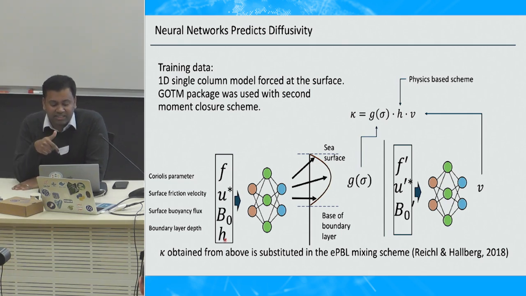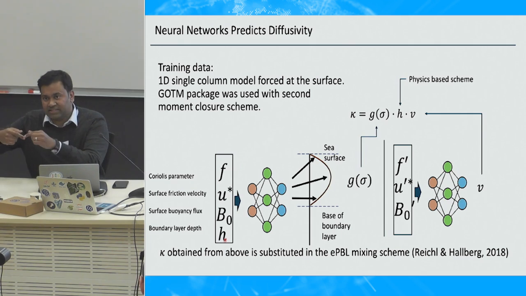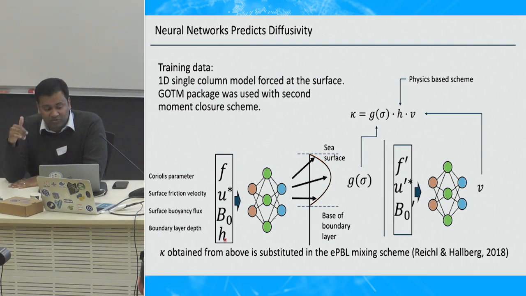Especially in the ePBL scheme, where it's an iterative solver, there's an estimation of h which could be at the bottom or the mid column. So there is a problem of generalization, as in h could go out of bounds. This has been a concern: what if h input to the network goes out of bounds, then how will the network behave?